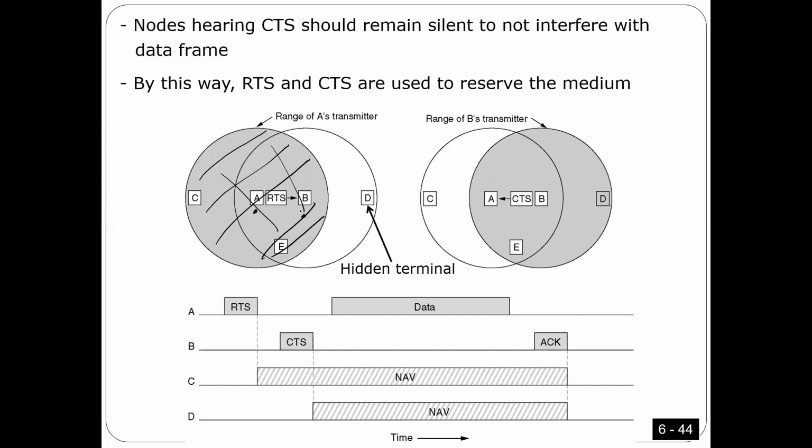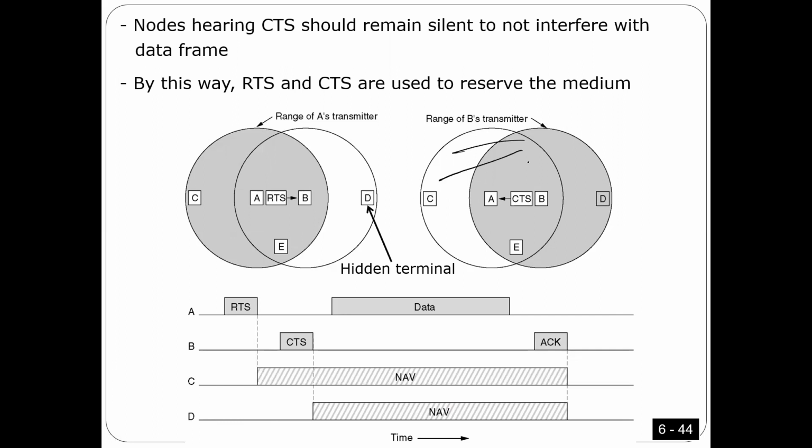But again, this is not enough. Why is it not enough? Because in order to guarantee there is no collision between A and B, I have to make sure, number one, the neighbors of A are not going to transmit. Also, the neighbors of B are not going to transmit. It's not enough that only the neighbors of A are not going to transmit. Why?